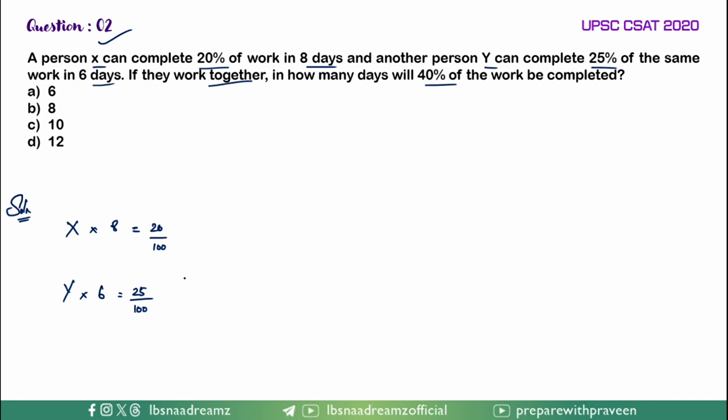So let us find the efficiency of X and Y. So cross multiplying 20 by 100 into 8.